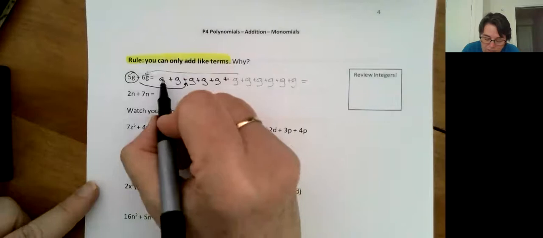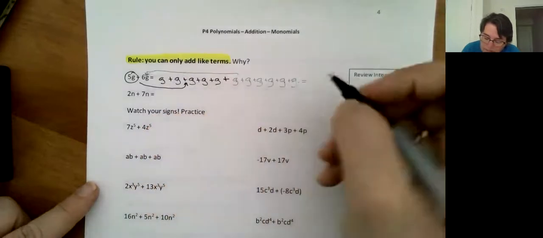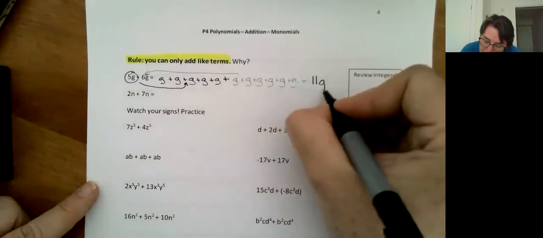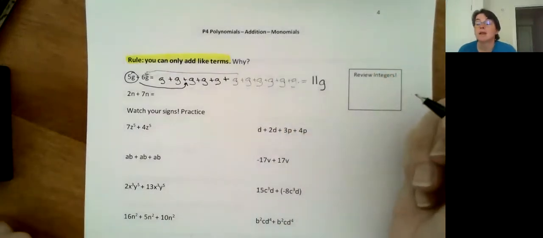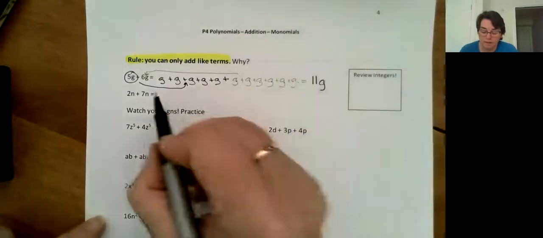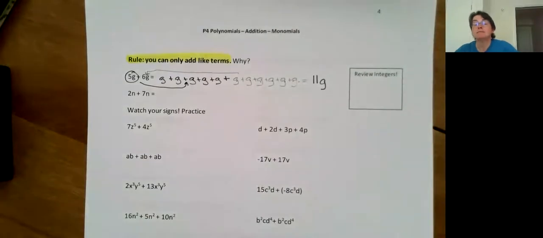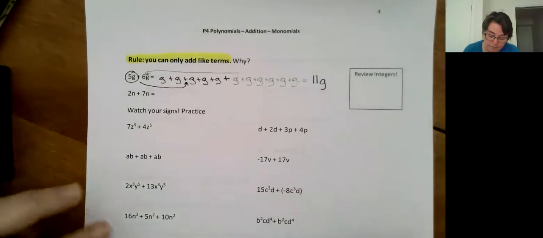Well, you can see now it's 1, 2, 3, 4, 5, 6, 7, 8, 9, 10, 11. 11g. There's no g squareds because an exponent means you were multiplying, and there was no multiplying going on in there. Ta-da! That's it. That's why you can only add or subtract like terms.